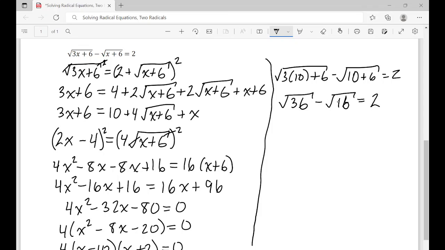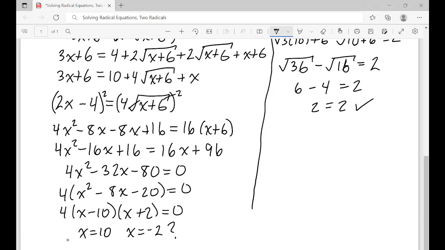Square root of 36 is 6. Square root of 16 is 4, equals 2. And do the arithmetic: 2 equals 2. It is true. I am happy with it. So I know that 10 is a solution.